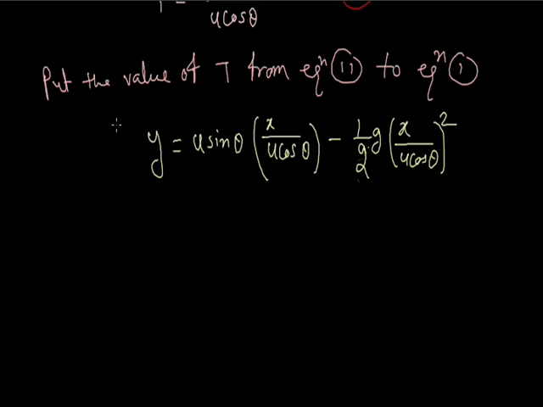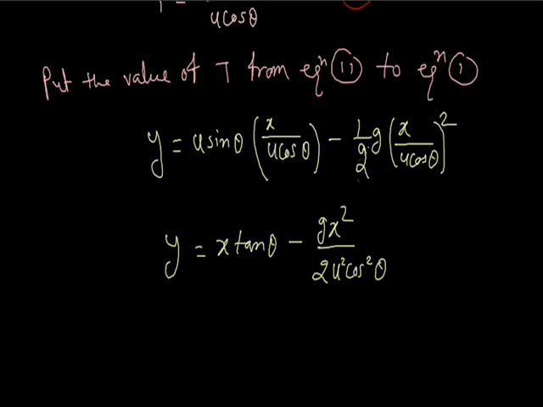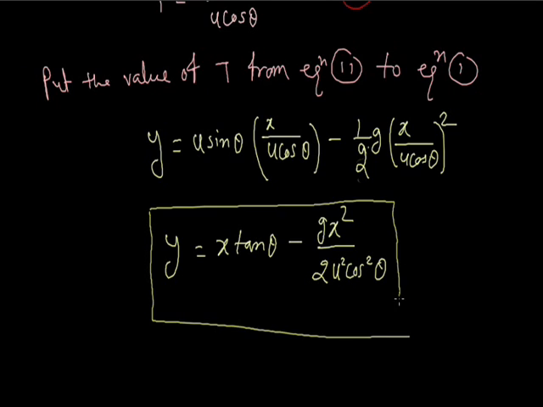We can modify this equation: sin theta by cos theta is tan theta, and u cancels out, so it becomes y equals x tan theta minus g x square by 2 u square cos square theta. So this is the equation of trajectory for ground to ground projectile.